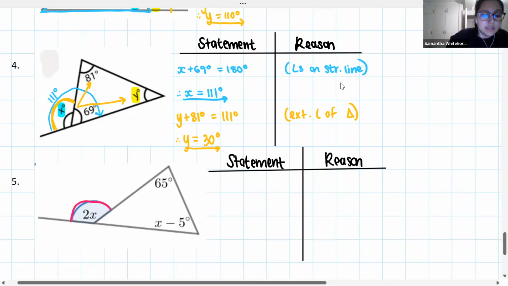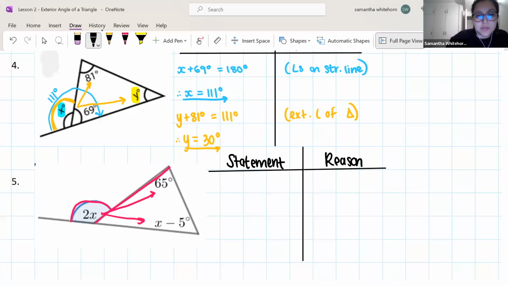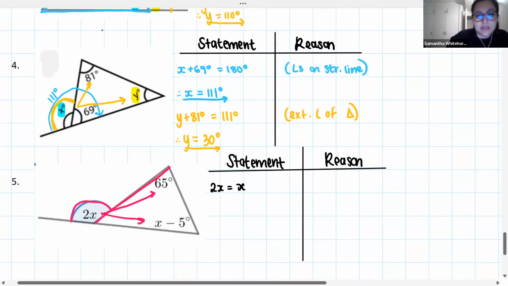Firstly, 2x is the exterior angle. It's created between one side of my triangle and an extension of my other side. So exterior angle, awesome. That means that if I add 65 and x minus 5, I must get 2x. So 2x is equal to x minus 5 degrees plus 65 degrees, all because of my exterior angle of triangle.